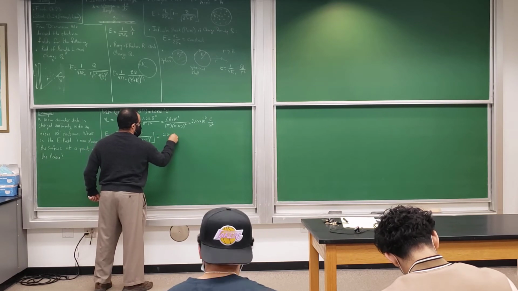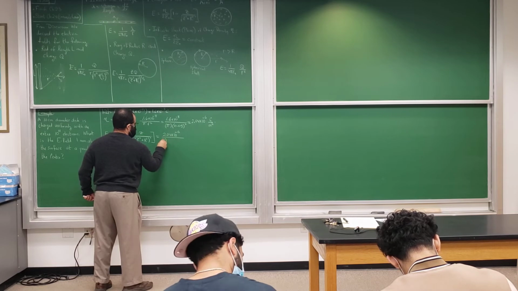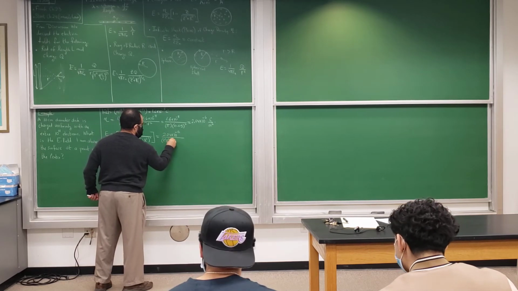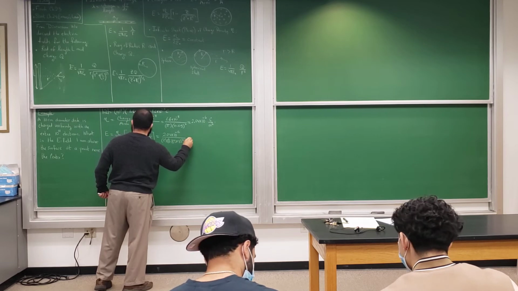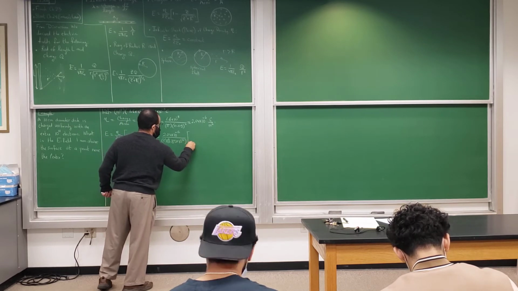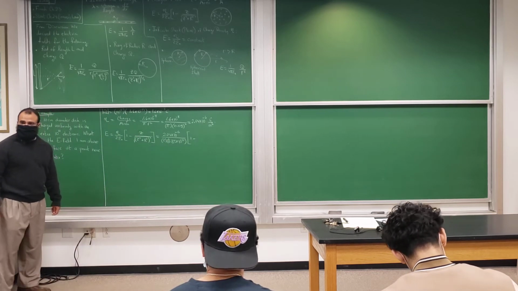Eta is 2.04 times 10 to the minus 6, divided by 2 times epsilon naught, which is 8.85 times 10 to the minus 12, times 1 minus, Z is 1 millimeter, we said, right?